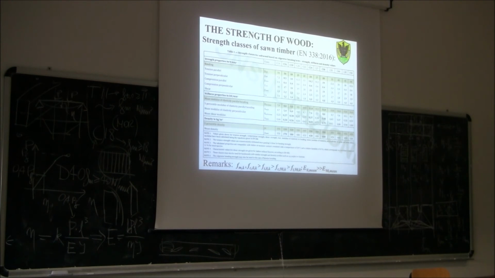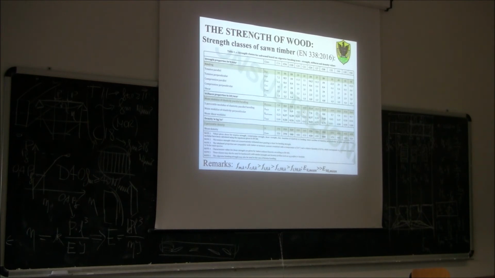So in which case do you think we might have to use not the mean value but the fifth percentile modulus of elasticity? Is the modulus of elasticity affecting any kind of ultimate limit state? We've been discussing this before.